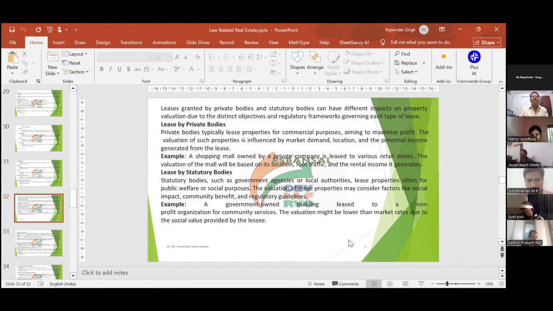For example, a government-owned building leased to a non-profit organization for community services. The valuation might be lower than the market rates due to the social value provided by the lease.